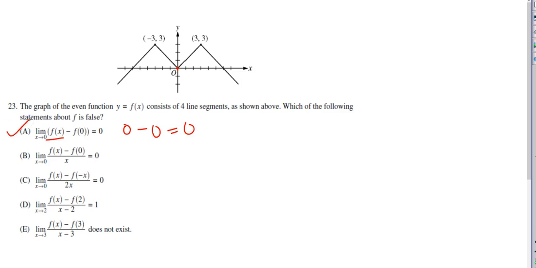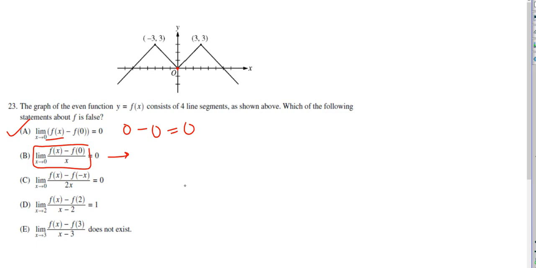So that's true. For part B, let's try plugging in 0 for this piece. Notice that I would get f of 0 minus f of 0 over 0, which would be 0 over 0, which is indeterminate. The method that works every time is L'Hopital's. So let's take the derivative of the numerator.